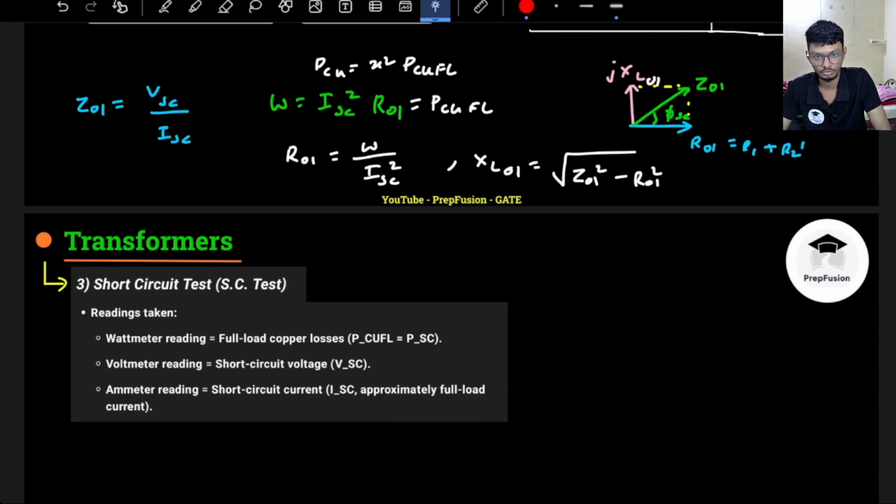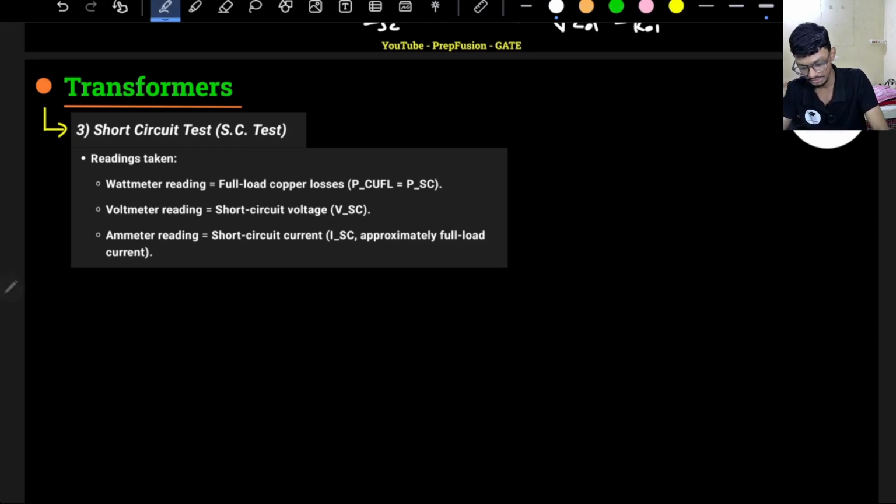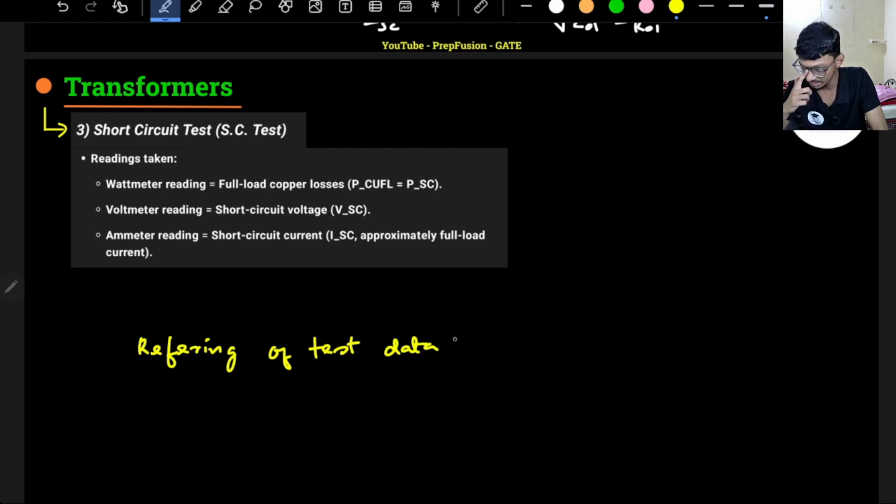If you ever want to refer the test data from one side to the other, let's say there is a question: how can we refer the test data from one side to the other? Let's say you have performed the open circuit test on the low voltage winding, but you want to find the values on the high voltage winding.